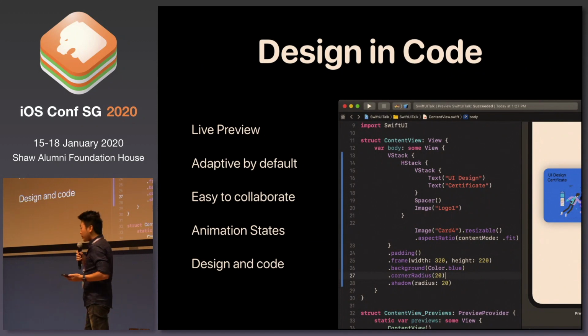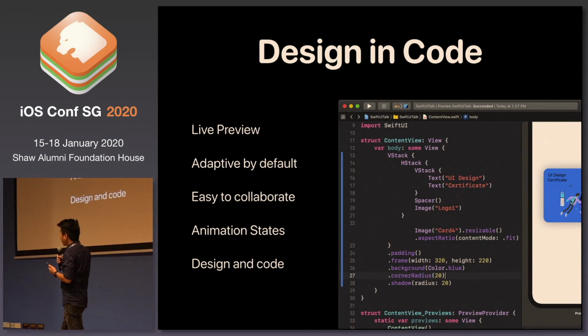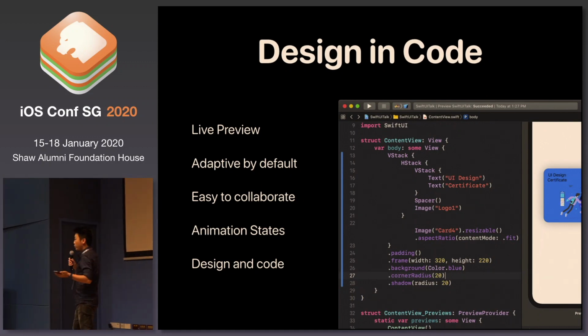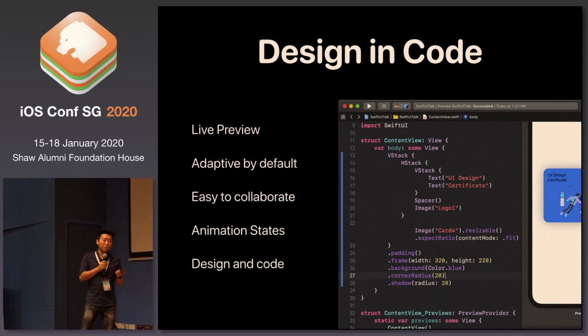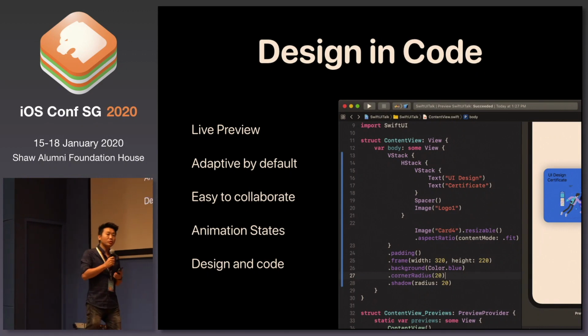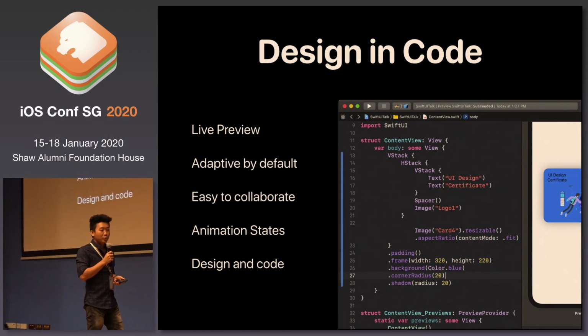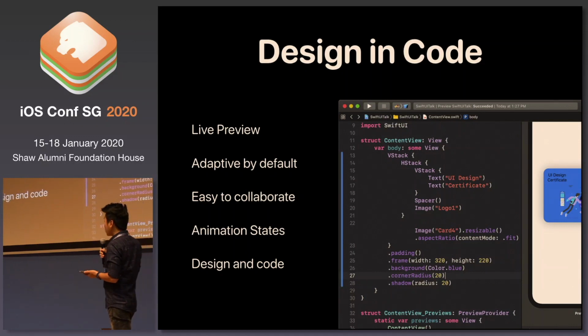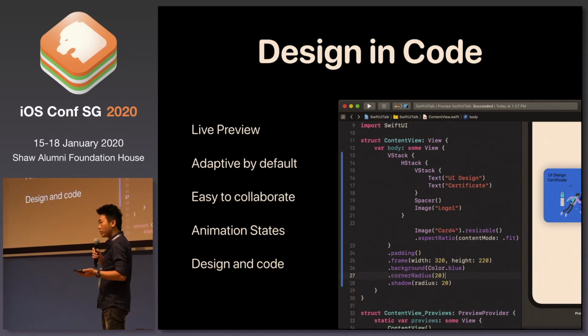Now, I think before even looking at SwiftUI, we need to sort of solve this problem. We need to have live preview. I think that's obvious. We need a tool where every time you make a change, you're going to see the change in real time. You're going to be able to interact with it. So SwiftUI provides that. It needs to be adaptive by default, so you don't need to think about constraints.